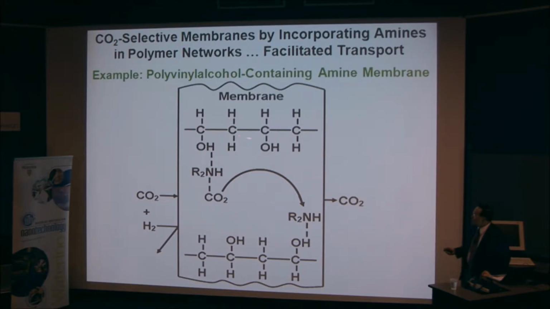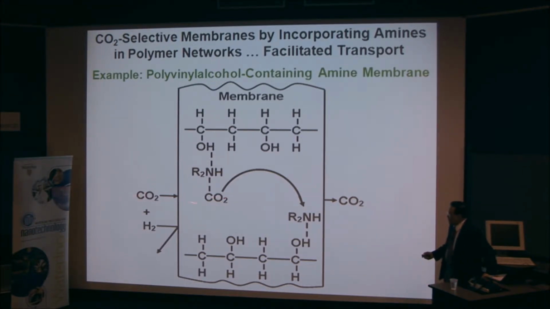We take a polyvinyl alcohol as a polymer matrix, then in which we incorporate the amino group into the membrane. And the amino group will react with carbon dioxide reversibly.